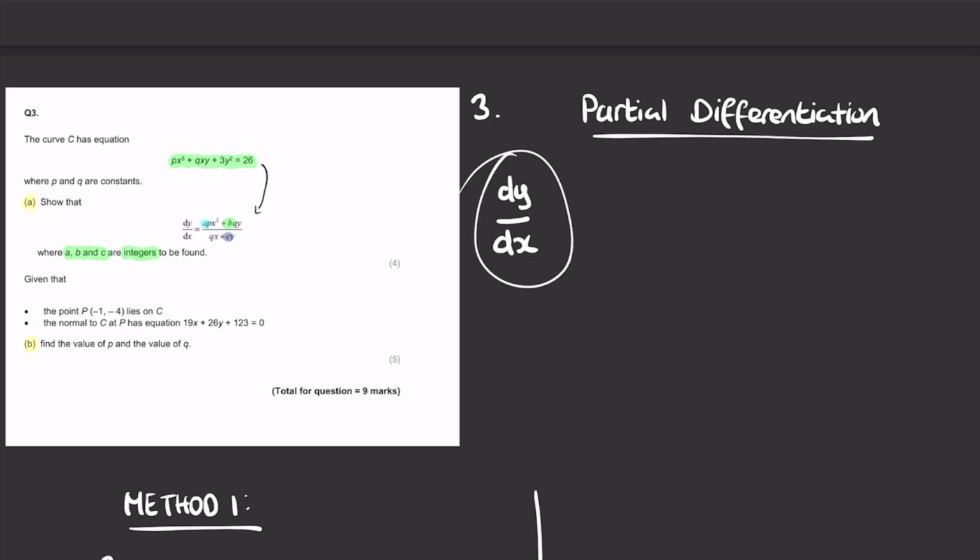It's still dy by dx because you're still differentiating both x and y in this equation, but doing them separately. So that will equal negative f subscript x over f subscript y. This simply means the partial derivative with respect to x over the partial derivative with respect to y, times -1, which is why there's a minus sign here.